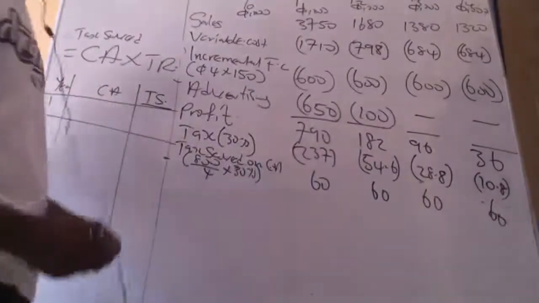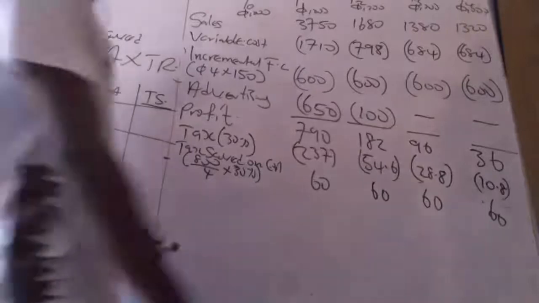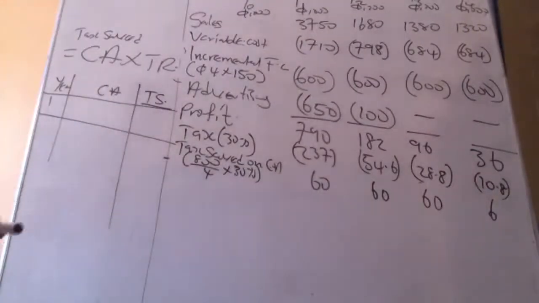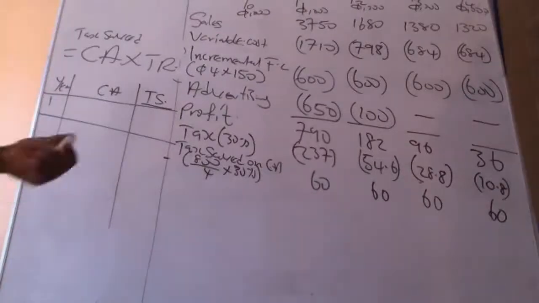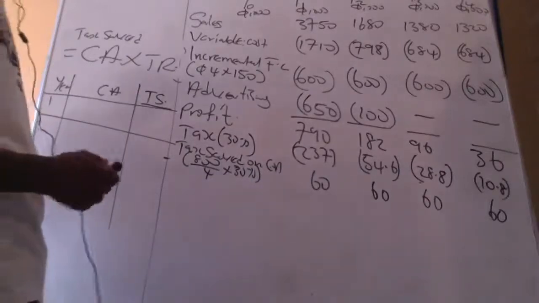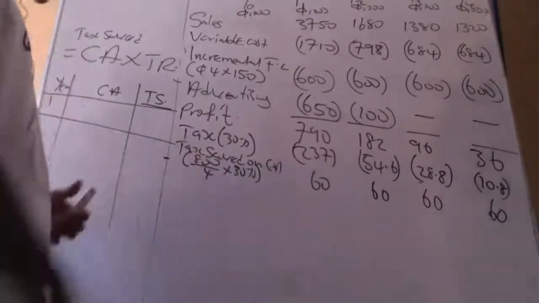So the question is, assuming this question is reducing balance, that's your question in advance. You are going to solve it again using reducing balance. And I hope everyone can do that. How to calculate depreciation using reducing balance, or how to calculate capital allowance using the reducing balance method. So that's the capital allowance or tax save on capital allowance.